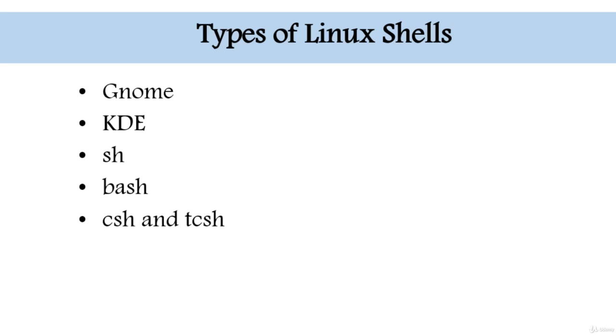He came up with a newer shell, which was TC shell. TC shell does not run bash scripts. So if you are in a TC shell and you want to run bash, it's not going to run it. Anyway, most people don't use C shell and TC shell unless you really are proficient in C and C++ programming languages. So my advice to you, you could stay away from it if you are a beginner, not to worry about these. Then the last one we have is Korn shell or K shell.